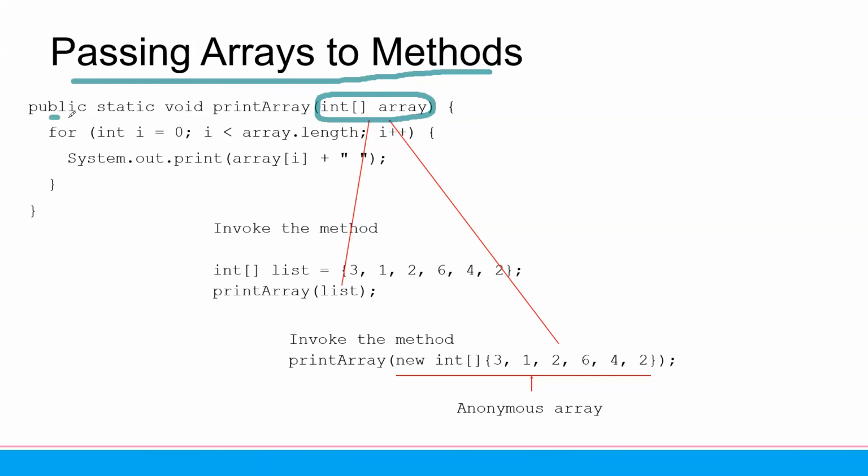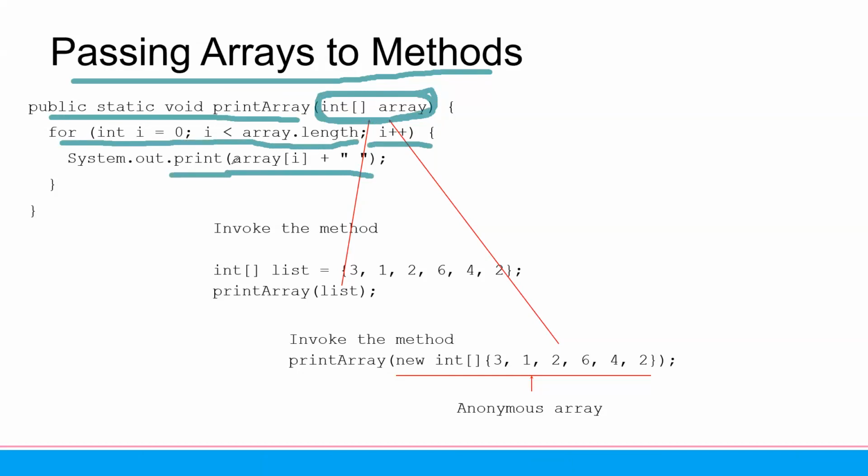Now, let's suppose I have one method, public static void printArray. And in this printArray, I have one parameter, which is an array. I would like to print, I would like to show the elements of the array. So I will do the for loop from integer i, i equals 0 until the length of the array, and i will be added by 1, and I'm going to print.